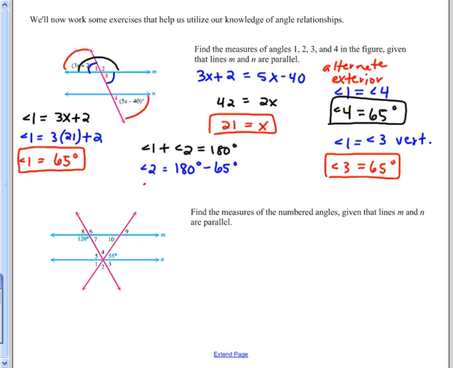So angle 2 should measure 115 degrees. And we've located all 4 angle measurements just by using the rules that we learned about angle relationships.